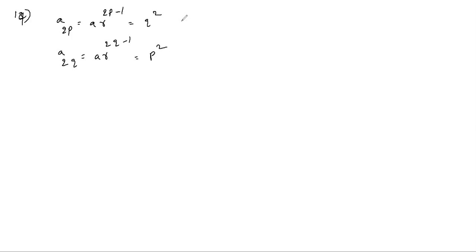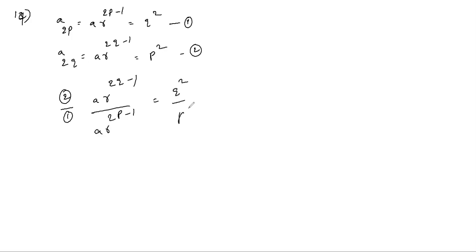So you take the ratio, 2 by 1 or 1 by 2, anyone, your choice: a r power 2q minus 1 by a r power 2p minus 1 equals Q square by P square. I think without solving, you multiply: we take the product of 1 and 2.